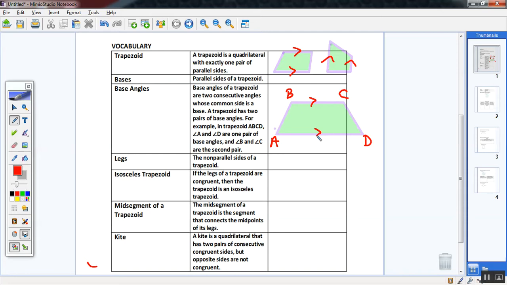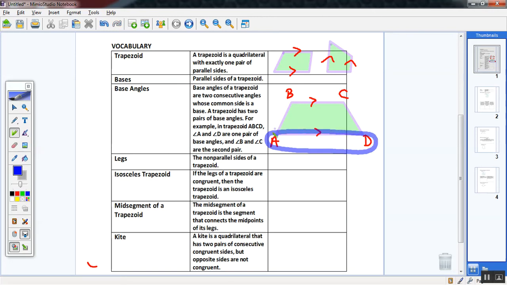It says a trapezoid has two pairs of what? In this case right here, A and D are one pair. I'm going to circle angle A and angle D down here as base angles. A and D go together because they're the angles at one parallel side.